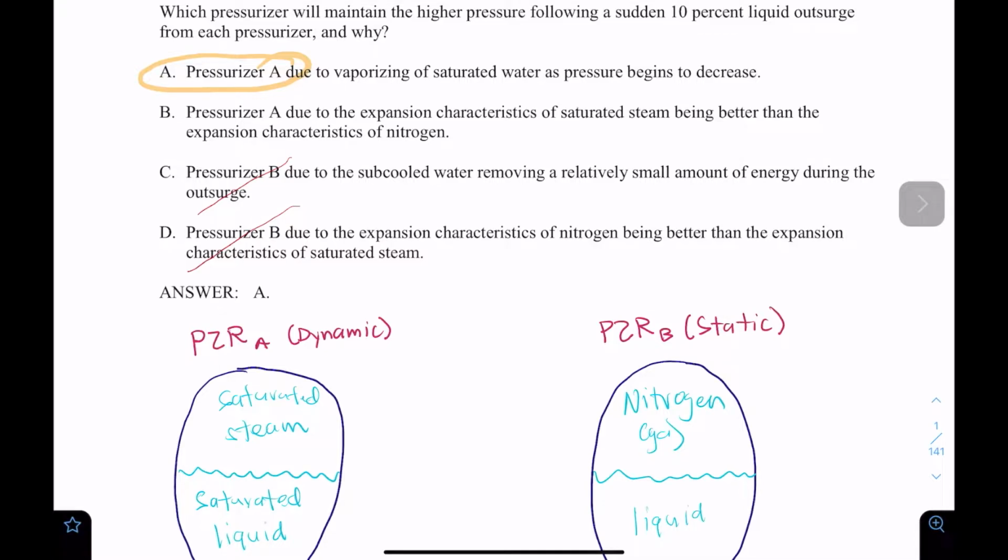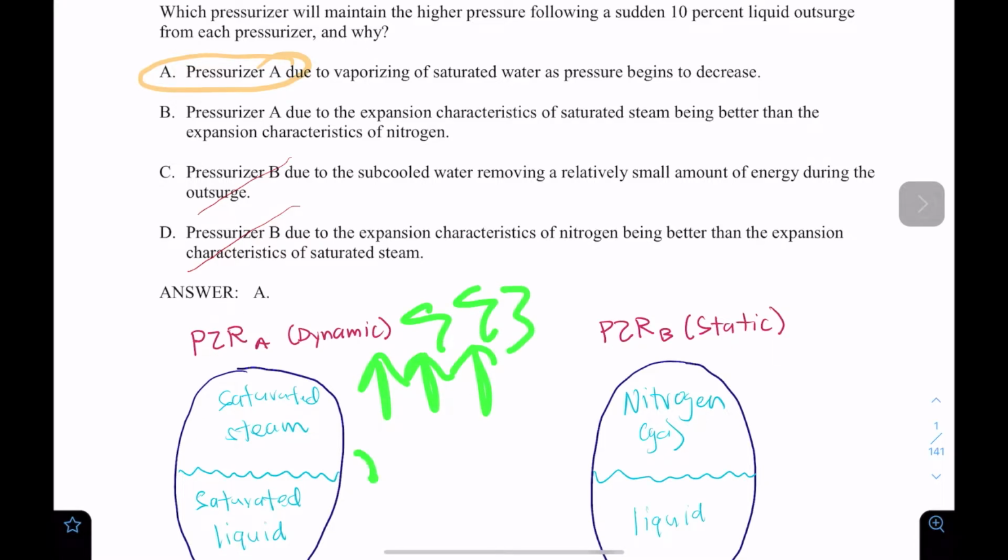This flashing from water to steam is important in a dynamic system, because it helps mitigate the pressure drop. So the pressure drop is not going to be like this one, right? Because here this flash into steam is going to help mitigate. And that happens in a dynamic system.